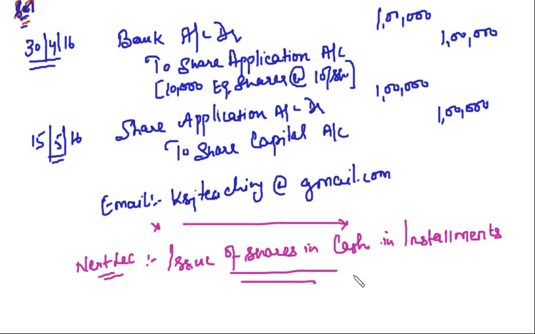We call it lump sum. Now what we are going to do is, we are going to call those 10 rupees in installments and not lump sum. Right? So this is what we'll be doing in the next lecture.